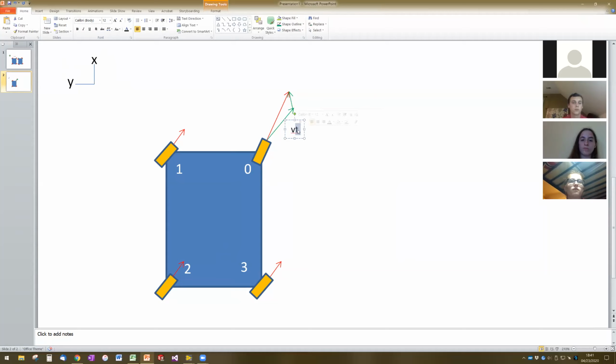V sub T is the component of this vector, the red vector, that is responsible for the translation of the robot in a given direction. And V sub R is the component that is going to help rotate the robot. These are both vectors themselves. They're not scalars right now.